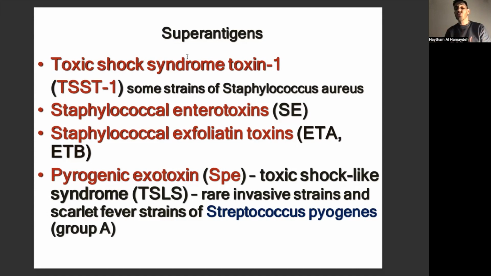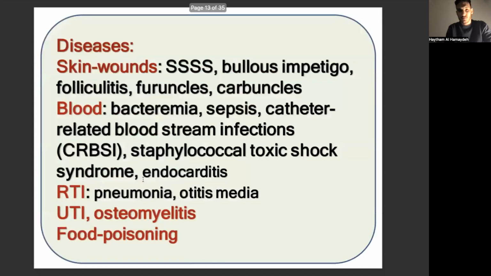They may release one or two because they have genes for specific super antigens, so they can't have the genes for every super antigen. Just famous ones: toxic shock syndrome toxin, staphylococcal enterotoxin, staphylococcal exfoliatin toxin, and pyrogenic exotoxin.